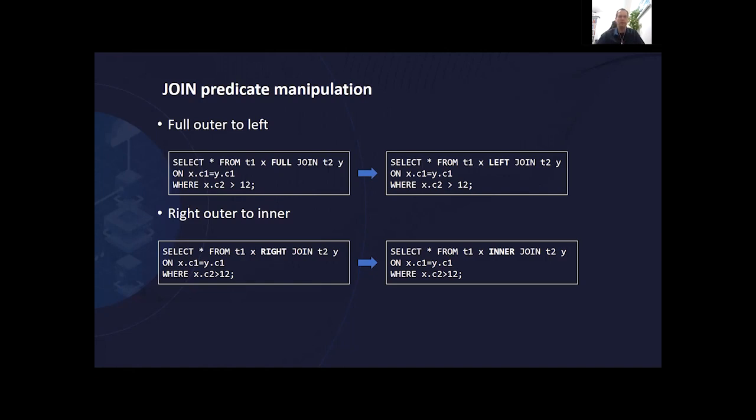Because we say that the data from the x must be higher than 12, so we don't have any nulls there. Similar to the right outer join to inner join, again, we are not supplying the nulls. So very similar thing here.